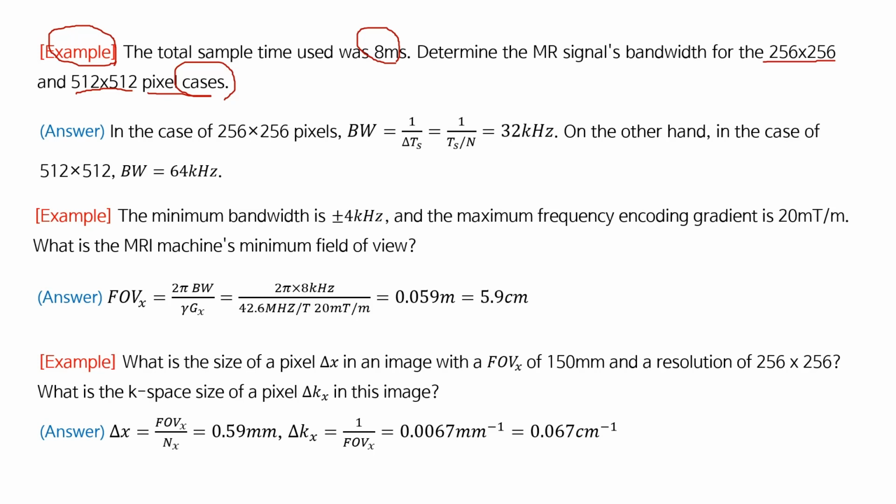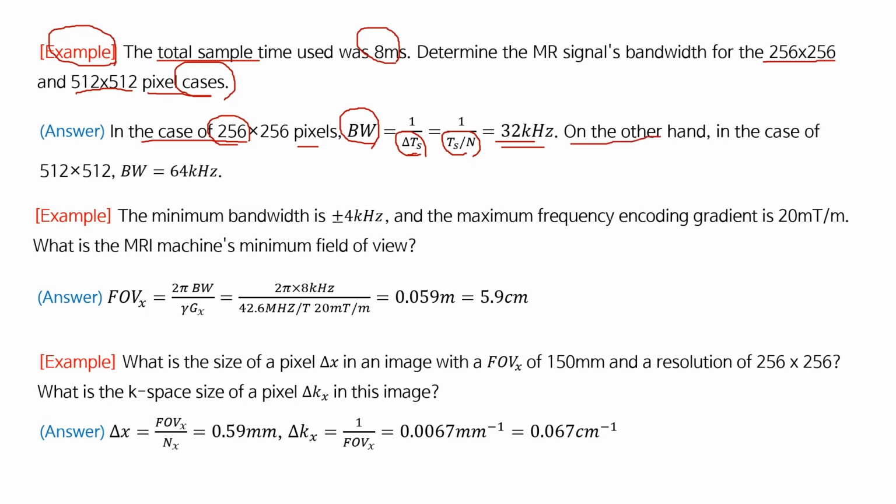The bandwidth is the inverse of the delta Ts, and we know the total sample time, so delta Ts can be given by Ts over N. So in the case of 256 pixels, we can have 32 kHz.